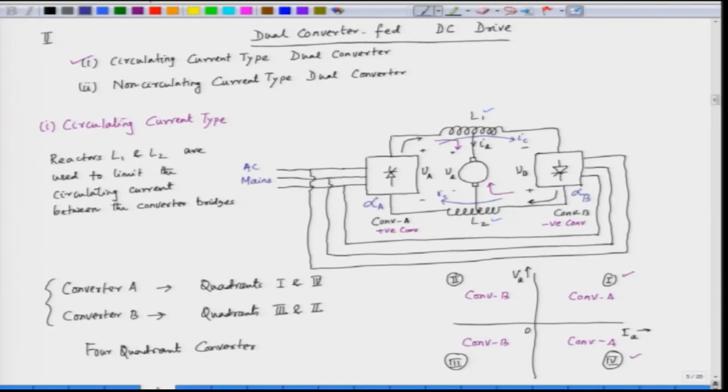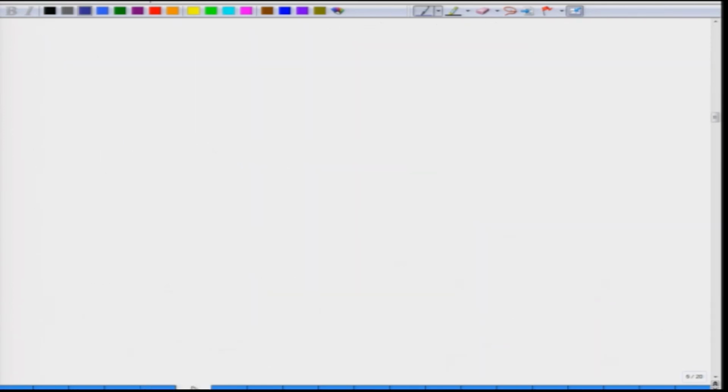Now, what we have to be sure about is that the two converters' voltages have to be equal, because these inductors L1 and L2 do not have any resistance. So, what we do here, we write down the voltage equation, that VA is equal to minus VB.